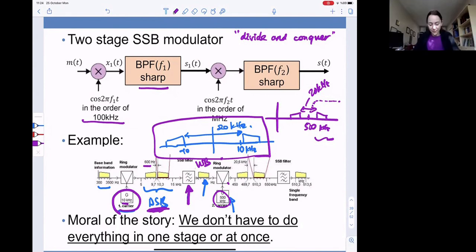But increasing the cost of the filter, what does it correspond to in digital signal processing, for example? It just increases the order of the filter. It just increases complexity, if you think about it that way.